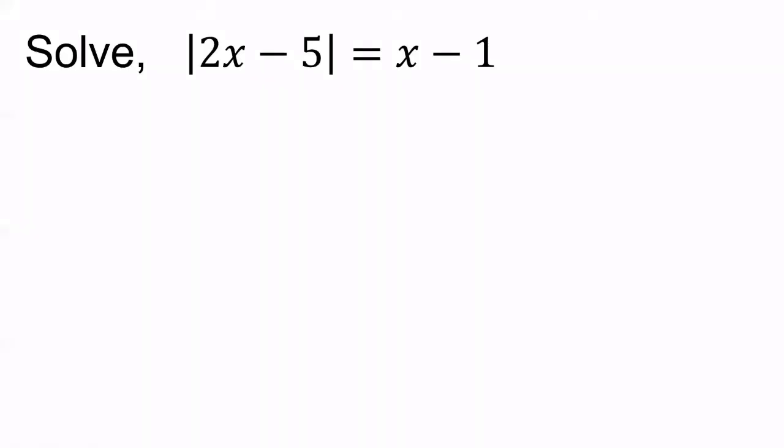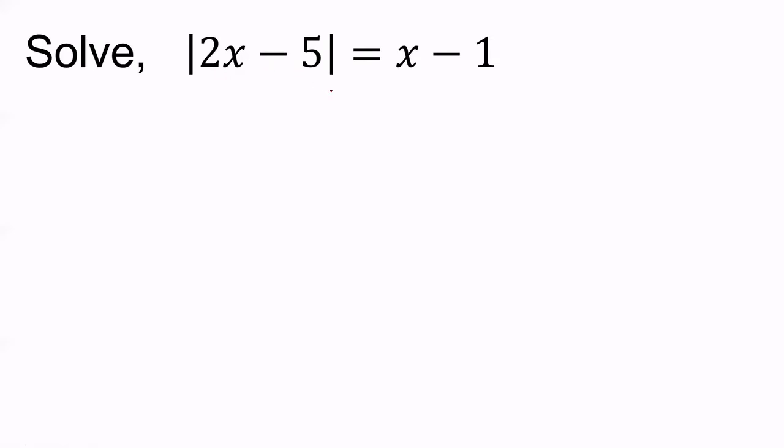All right, take a look at this example. Given the absolute function |2x minus 5| equal to x minus 1. For this absolute value equation, we need to determine the critical points, which is x.